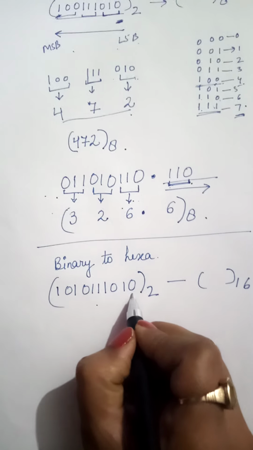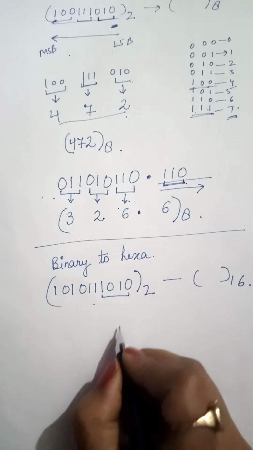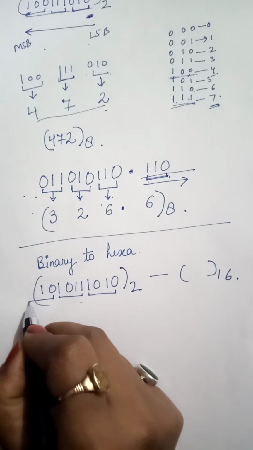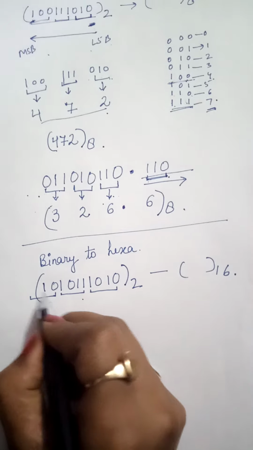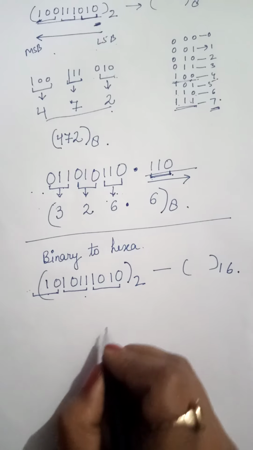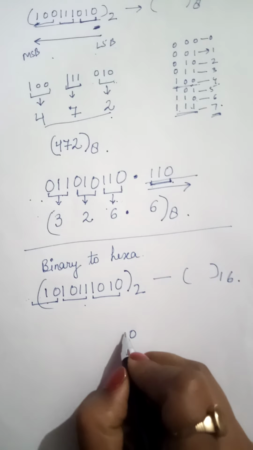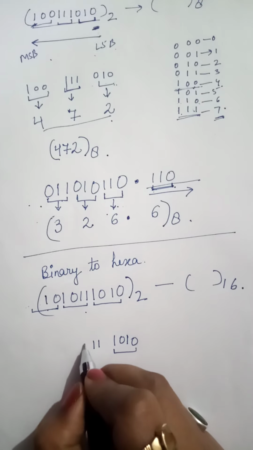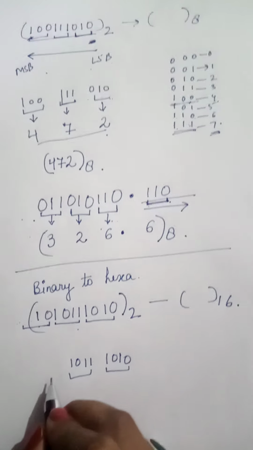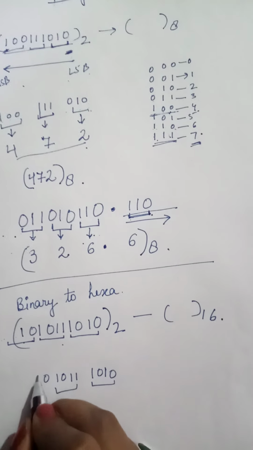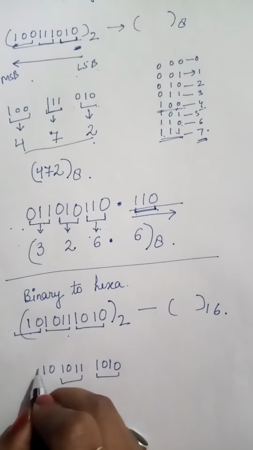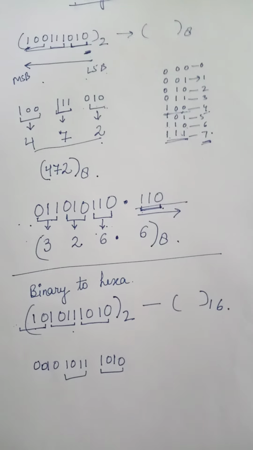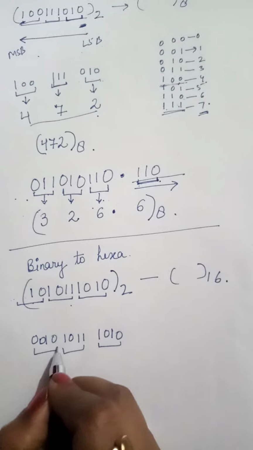Okay, so 1 second group, and again in third group there are only 2 bits, so you will be adding 2 zeros over here. Okay, write down the groups. 0101 one group, and 1101 another group, then 01 you will be adding 00. Okay, third group.